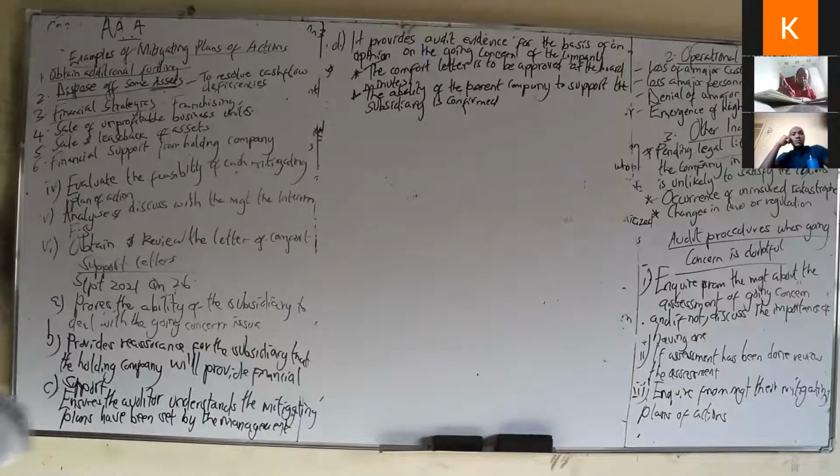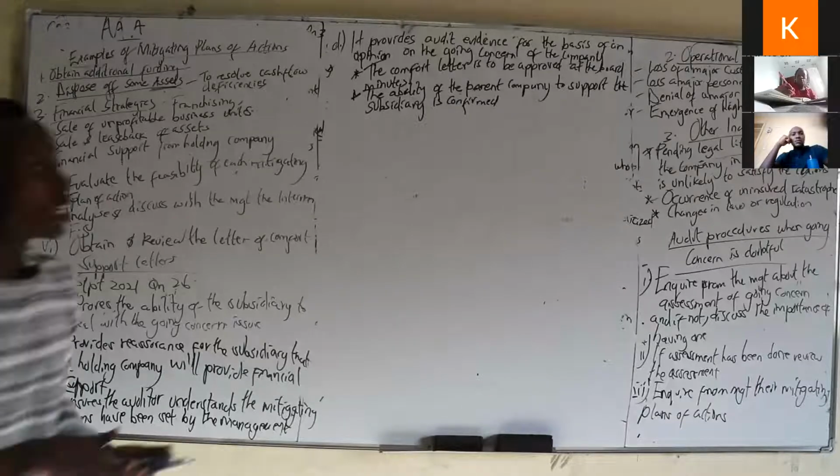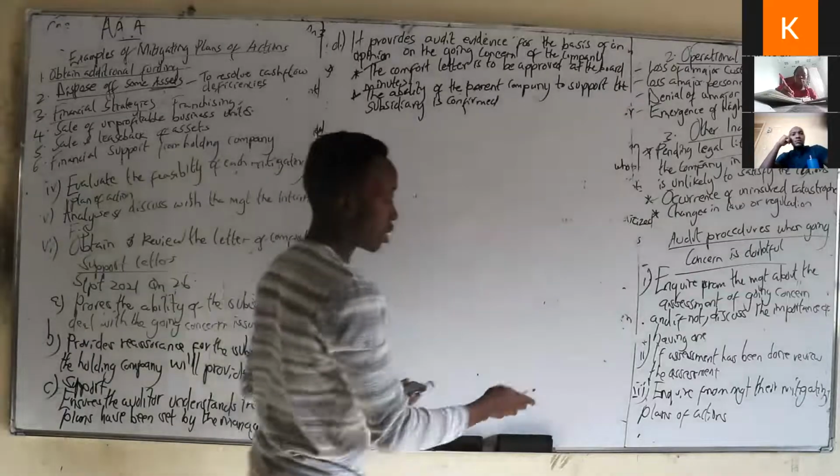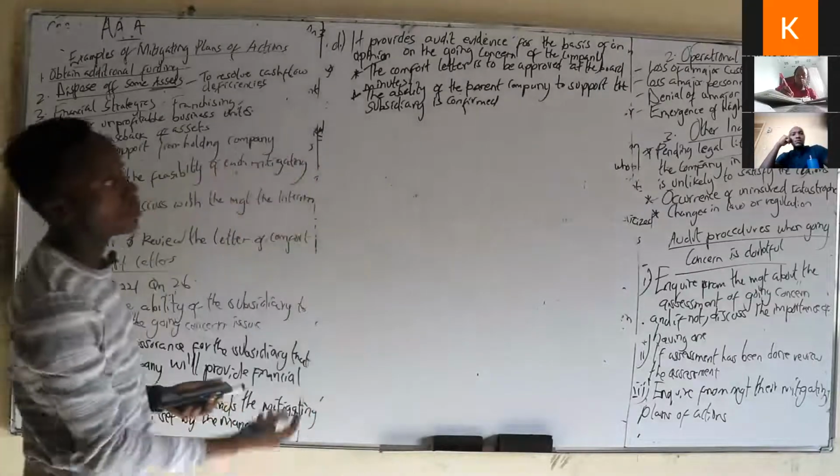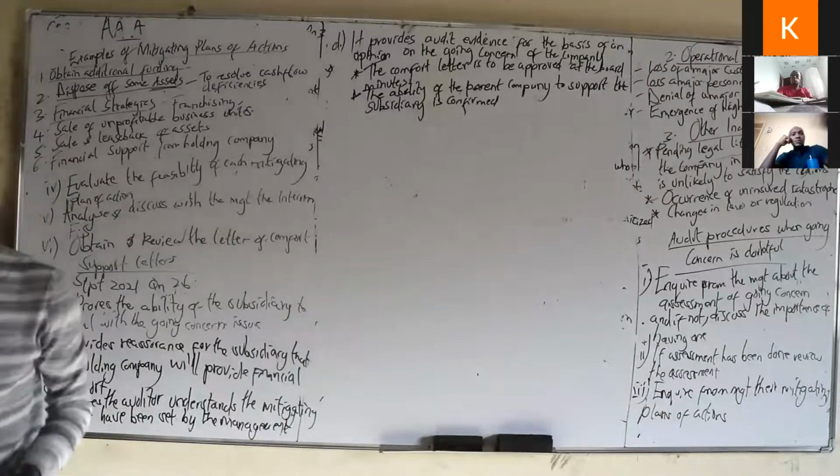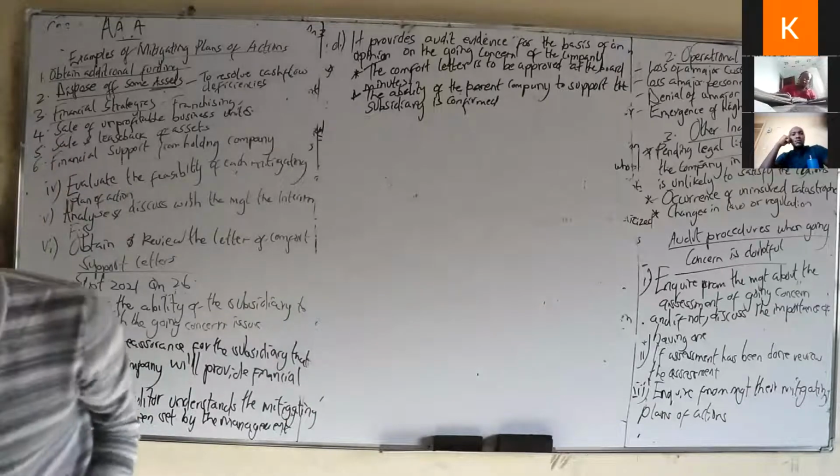On this going concern, what the auditor does is that if there are any issues that he has identified, they are to be included in what we call the emphasis of matter paragraph that I had highlighted earlier on.